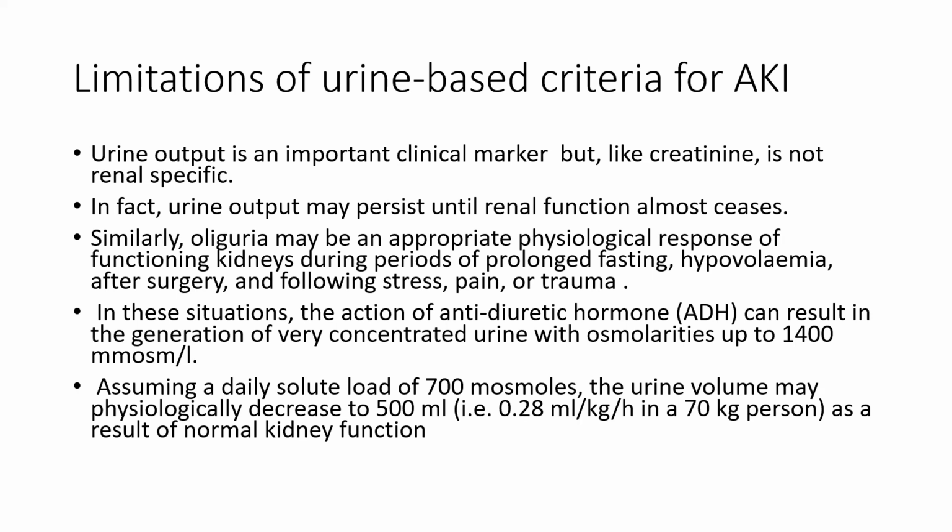In this situation, the action of ADH can result in generation of very concentrated urine with osmolarities up to 1400 mosmol per liter. Assuming a daily solute load of 700 mosmol, the urine volume may physiologically decrease to 500 ml as a result of normal kidney function.